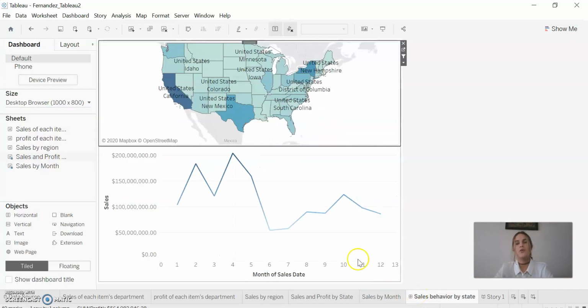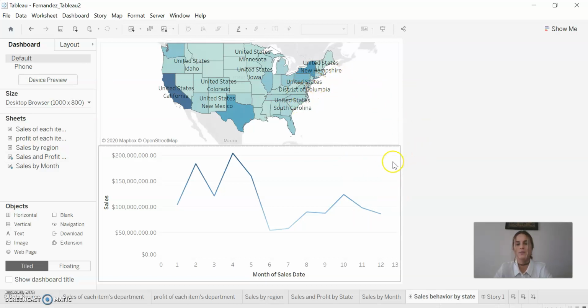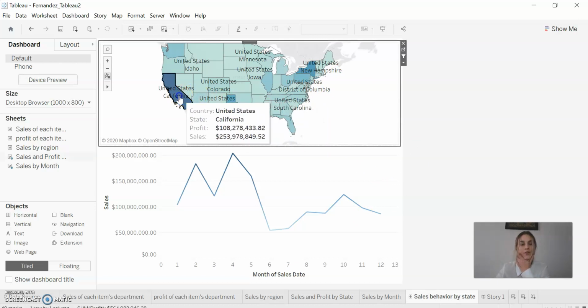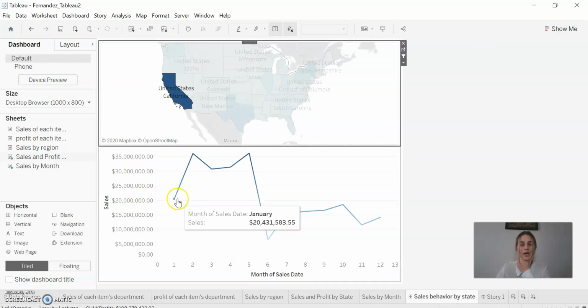So in this dashboard, I wanted to include two of my worksheets. One of them was the sales and profits by states and the sales by month. And over here, it's interactive, so if you click a specific state, it will give you the behavior of the sales of that state throughout the year, which is pretty cool.